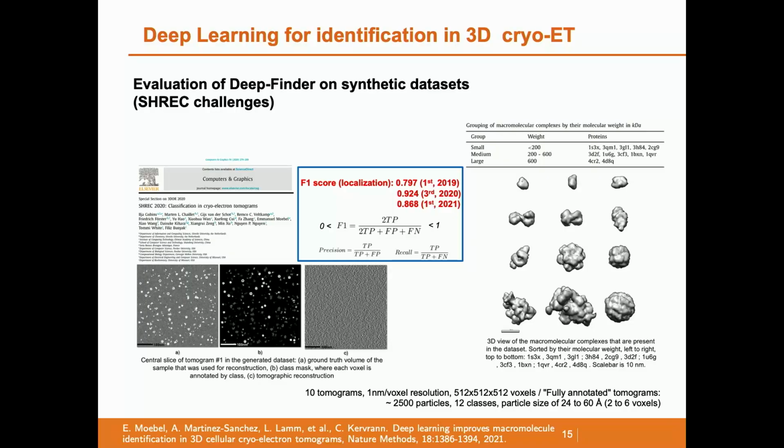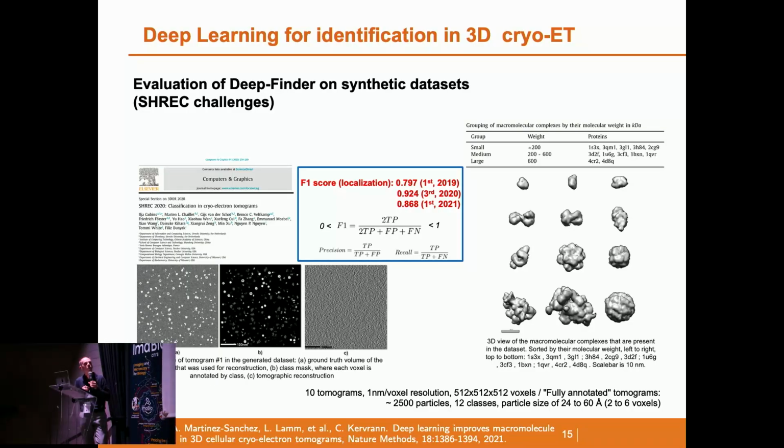The score to evaluate the performance of each algorithm is based on the F1 score, which is a value between 0 and 1. If the F1 score is 1, it is perfect. That's why general methods are very close to 0.7, 0.8 as F1 score.